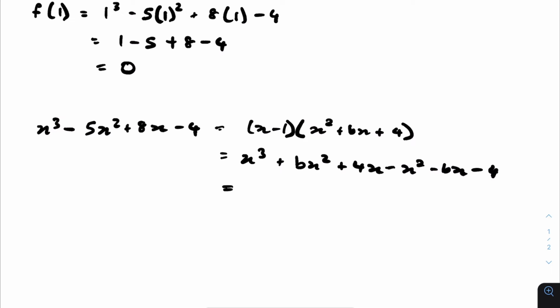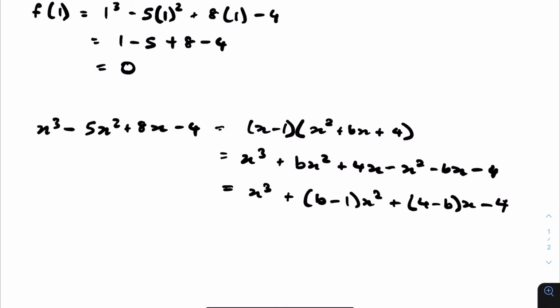If we collect like terms, we get x cubed plus (b minus 1)x squared plus (4 minus b)x minus 4. Now all that's left for us to do is start comparing the two equations. We know that x cubed minus 5x squared plus 8x minus 4 is equal to this, because they're just rewritten in two different ways.